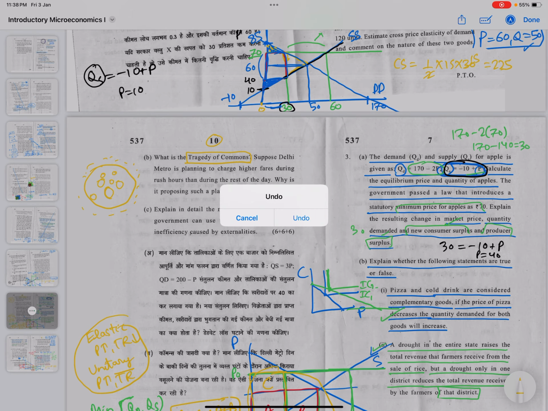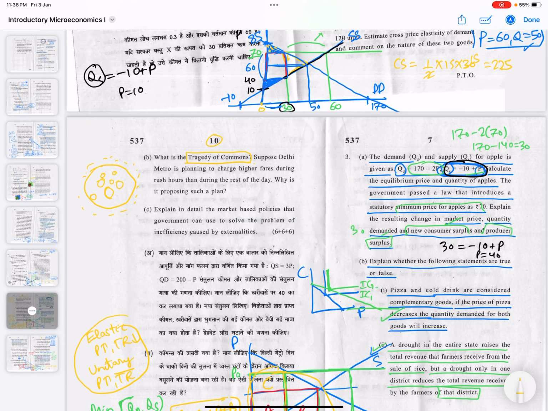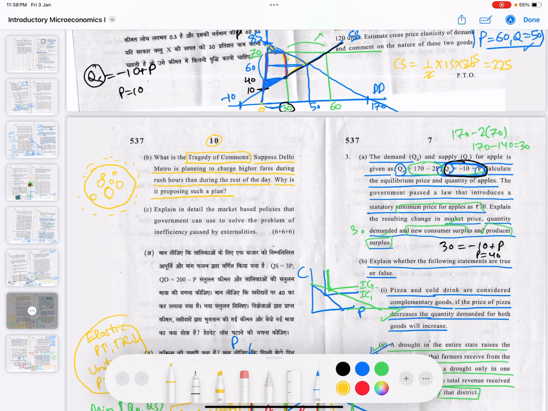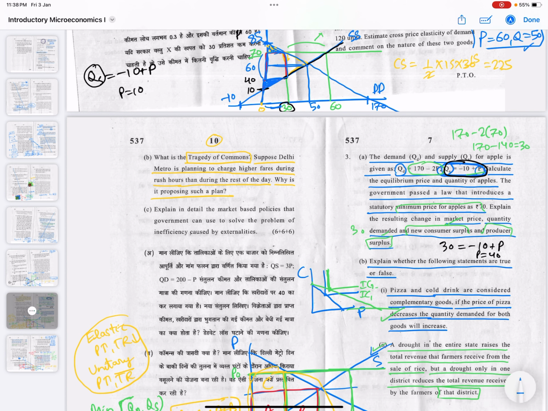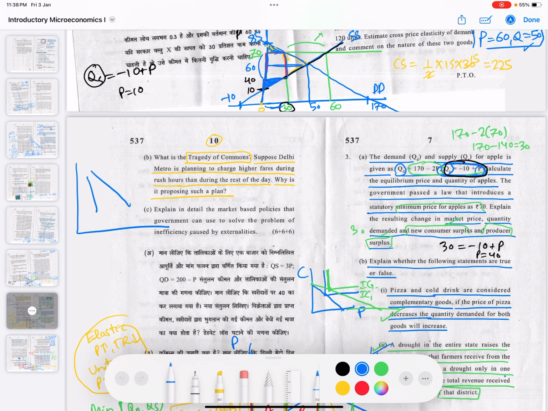Okay, now suppose Delhi Metro is planning to charge higher fares during rush hours than during the rest of the day. Why is it proposing such a plan? I'm not sure whether you have studied intertemporal pricing or not. I won't draw the diagram.